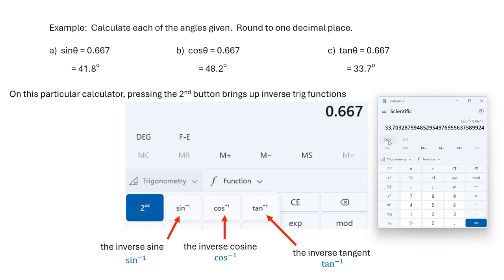Now for this to work, you have to make sure that you are in degrees mode. Every calculator, at least the scientific calculators that we should be using, has a radians, a gradients, and a degree mode. Make sure that your calculator is set to degree mode, or else these features won't work as expected.